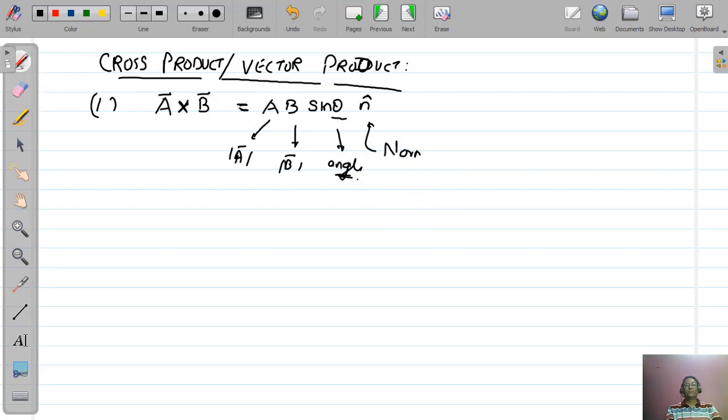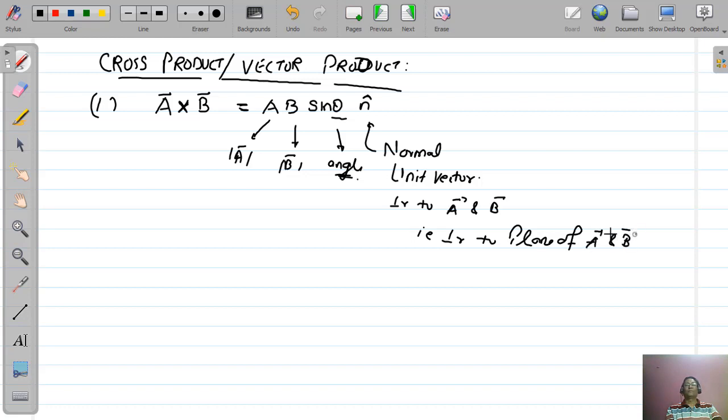It is perpendicular to vector A and vector B both. That is, perpendicular to the plane of vector A and vector B.